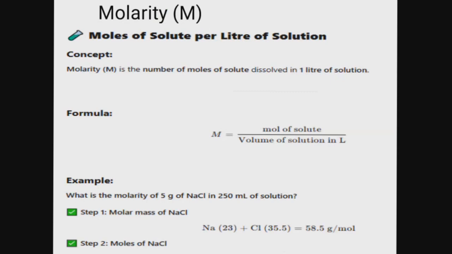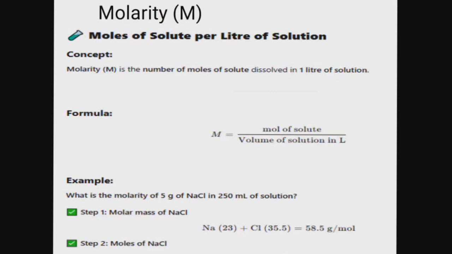So the formula for solving this molarity is moles of solute. From your definition, you can easily depict the formula, or if you know the formula, you can find the definition. Moles of solute all over volume of solution, and volume is measured in liter.